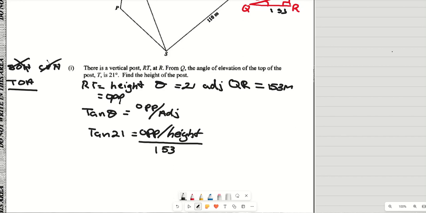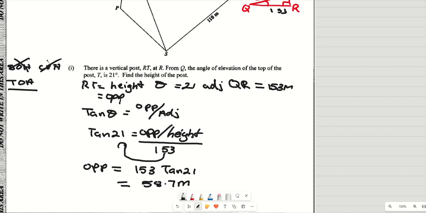If you want to make that the subject, you carry across 153, and the opposite of divide by is multiply by. So your opposite, or RT, or your height, is 153 tan 21, which is equal to 58.7 meters. And that is how you would get your answer for this question.